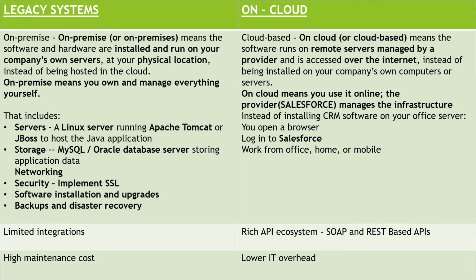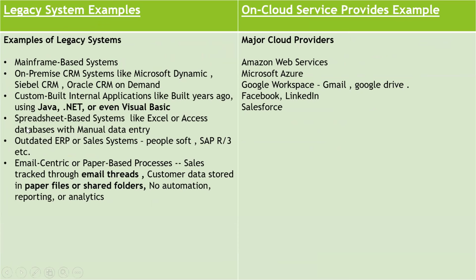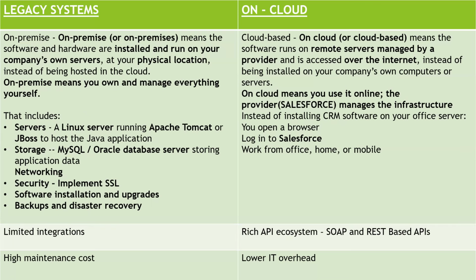So on-premise applications need these things. First is the server, a place where our application will run. You have heard about Apache Tomcat, JBoss servers for Java applications. I'm taking a Java application example, it can be different for .NET.